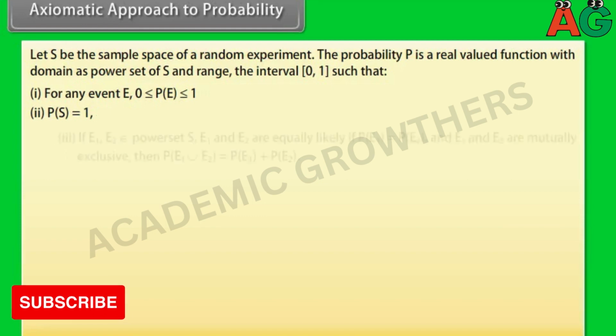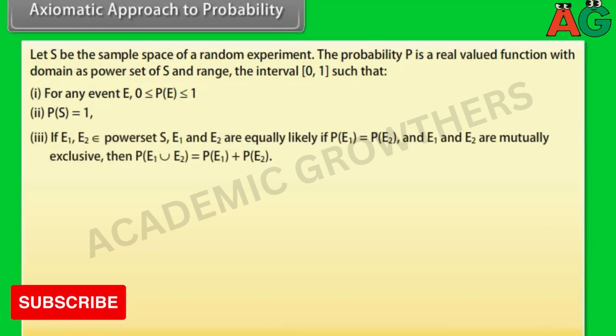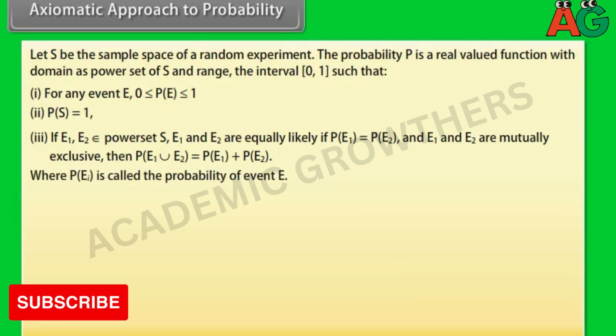And 3. If E1, E2 belong to power set of S, E1 and E2 are equally likely if P(E1) is equal to P(E2), and E1 and E2 are mutually exclusive, then P(E1 union E2) is equal to P(E1) plus P(E2), where P(E) is called the probability of event E.